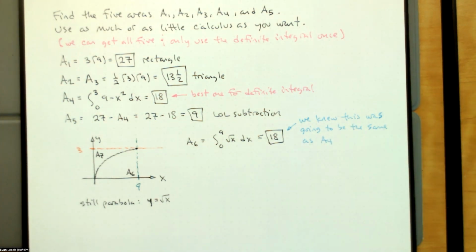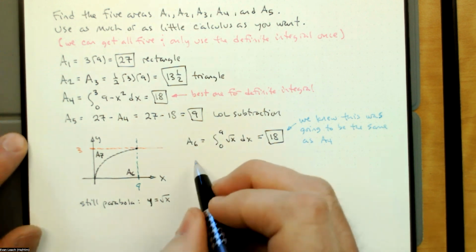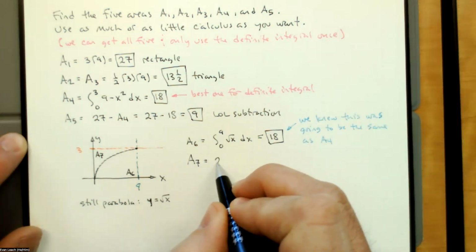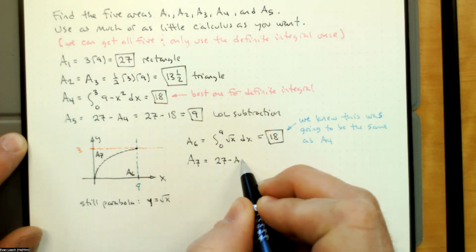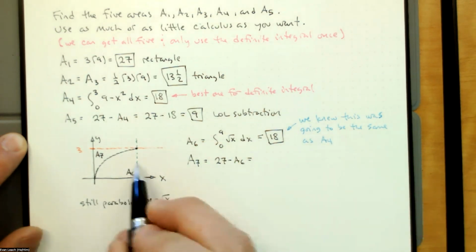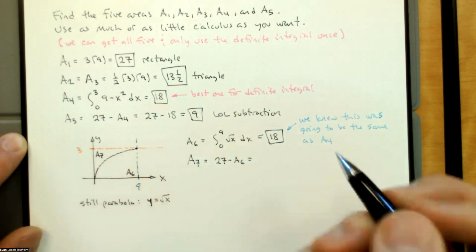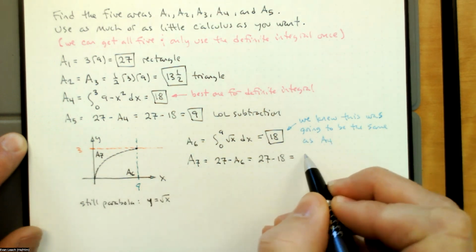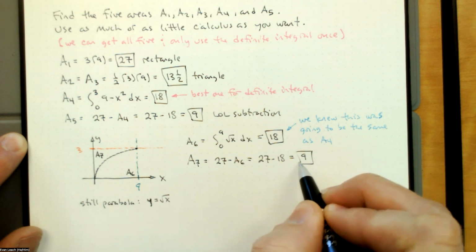We should recognize this is going to be the same as A4 because I'm just taking a 9 by 3 box and cutting it with a parabola instead of a line. Once again, once we have this area under here as 18, then we can just subtract to get A7.